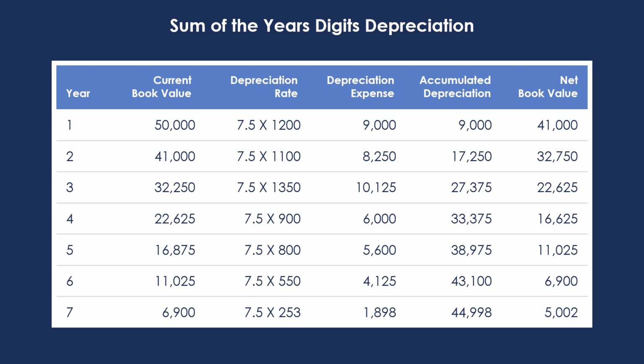In year 7, usage may have exceeded 253 hours, but we cannot depreciate below salvage value. So we use a plug number. 253 hours times 7.50 equals 1,898. Final accumulated depreciation is $44,998, leaving a residual value of $5,002. Like all depreciation methods, the useful life is an estimate.